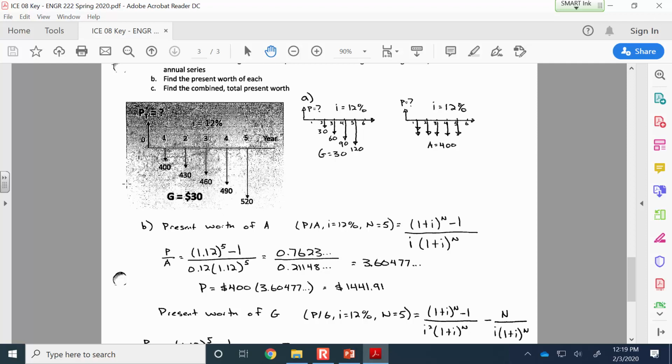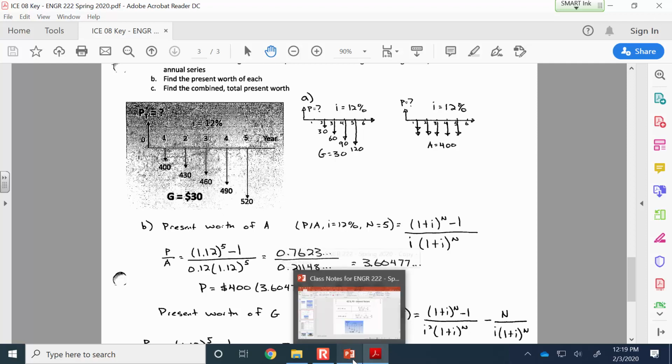And so if the 400 was going for several years before the gradient, then n would be different for the annual series than it would be for the gradient. So we'll do some complicated cash flow diagrams in the future, and it'll kind of be like a puzzle in a way. But for now, are there any questions on this specific example?